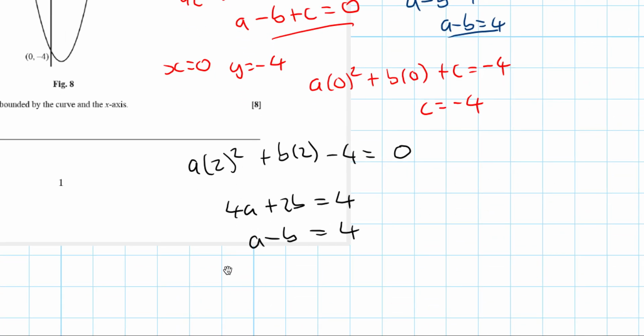So from here we can substitute into our calculator. We go into menu, then equation or function, and simultaneous equations with two unknowns.